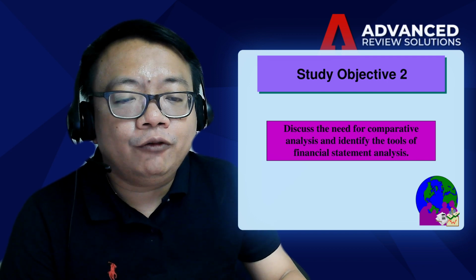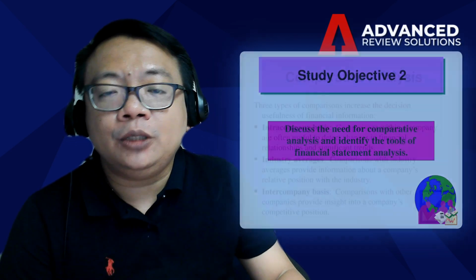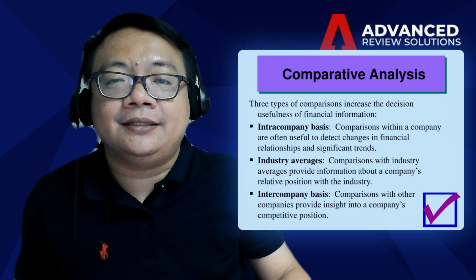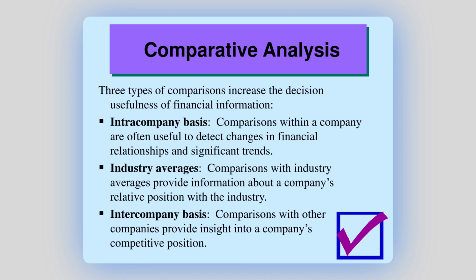Okay. So, a very important class in terms of your FS is what you call a comparative analysis. What does comparative analysis mean? It means you will compare your numbers, number one, intra-company comparison within your company. Later we will discuss trend analysis, or the increase or decrease of one particular account.